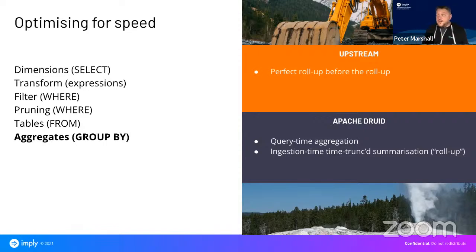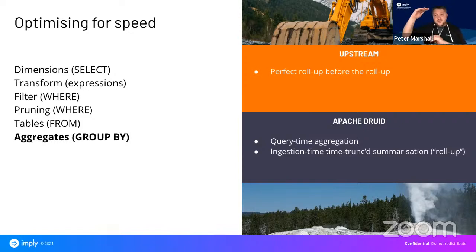Another really important feature of Druid, and it's again to do with this kind of pre-processing before querying, is that Druid can do time-based roll-up or summarization of data. What that enables me to do is to take some kind of aggregates that would normally be computed at query time over and over again, and to actually compute them at ingestion time.